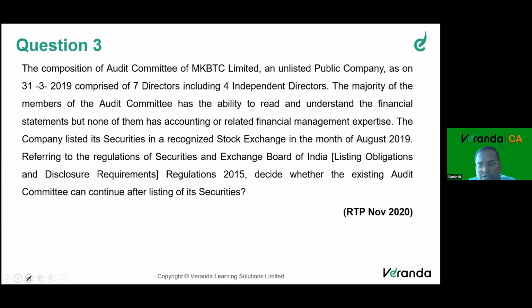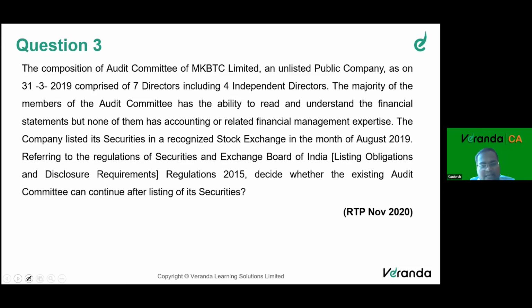What does this committee do? Typically, this committee is the one that goes through the financial statements, the internal audit reports, the control environment of the company. All of those are something that this committee decides, and the composition of this committee is extremely important for the governance of the board.